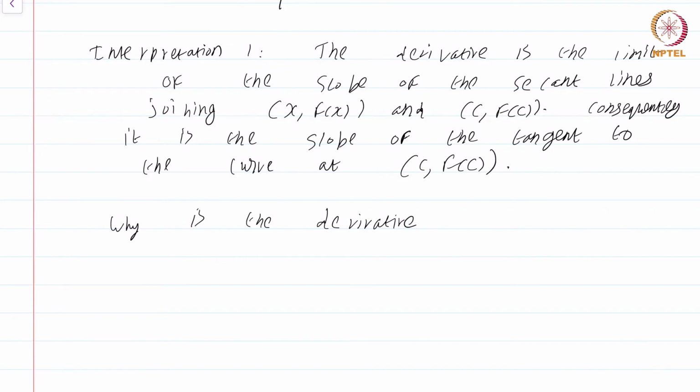Why is the derivative so useful? And this slope business doesn't really answer this question, right? It's a nice geometric interpretation, but it's not clear why this slope of the tangent is so useful in all endeavors of human study.